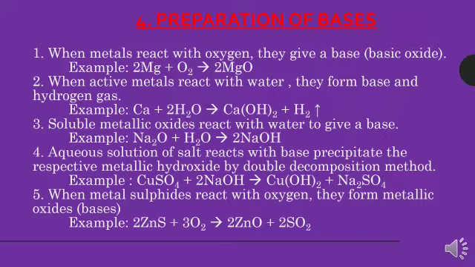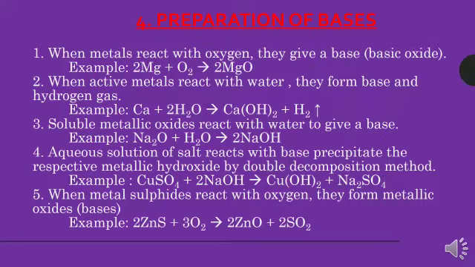Soluble metallic oxides react with water to give a base. Example, sodium oxide with water gives sodium hydroxide. Similarly, potassium oxide with water gives potassium hydroxide. Aqueous solution of salt reacts with base, precipitate the respective metallic hydroxide by double decomposition method.